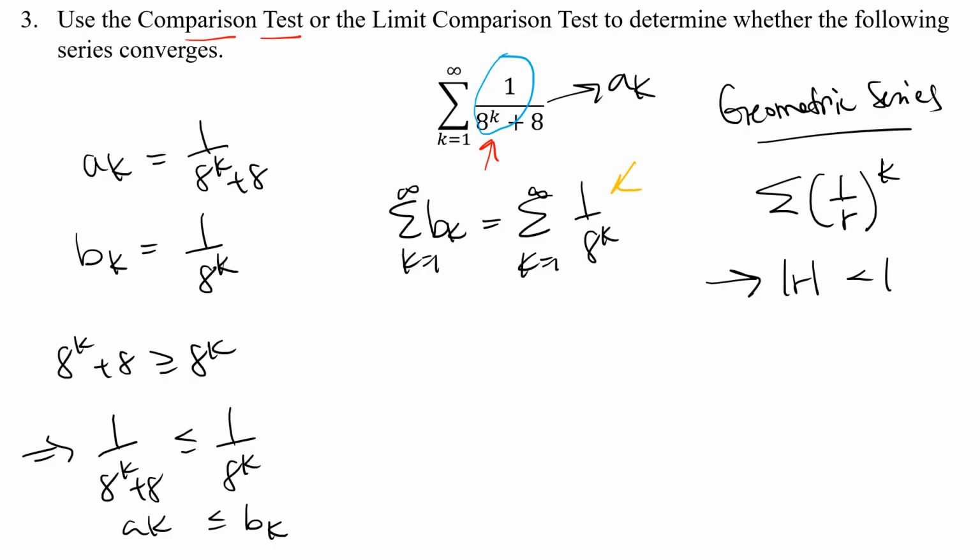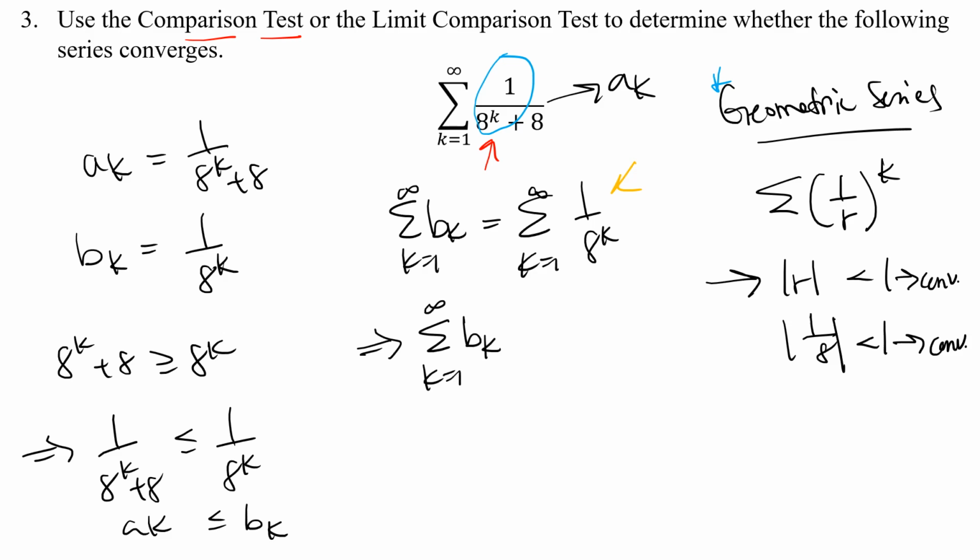All right, so here we have the absolute value of 1 over 8, right? Well, that is indeed less than 1, okay? So we're going to say that our series, based off of our geometric series here, is going to converge. So therefore, we are going to say then our summation of our b, as k goes from 1 to infinity, it converges.